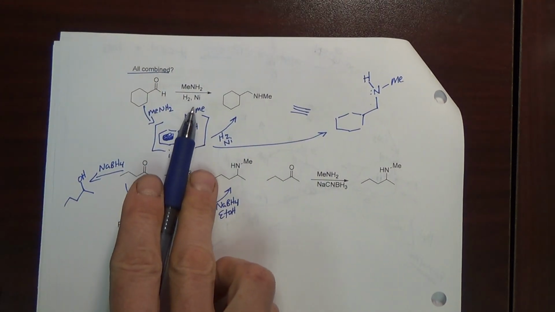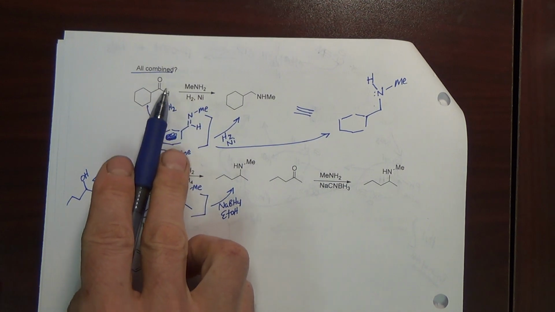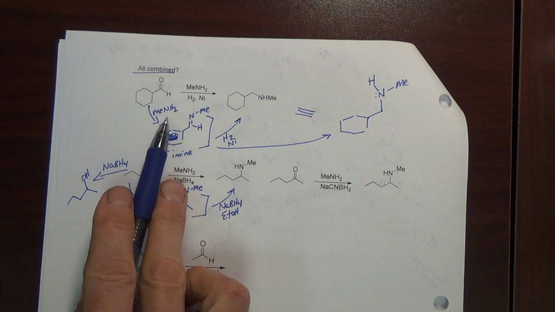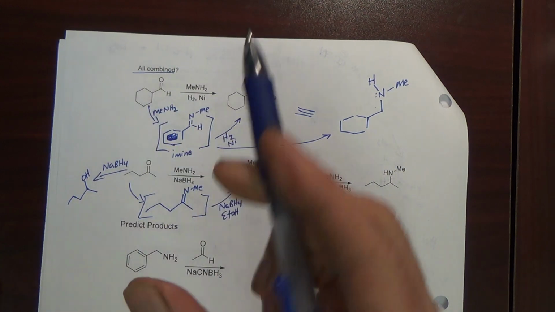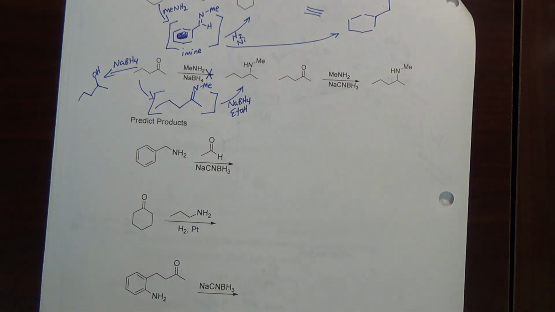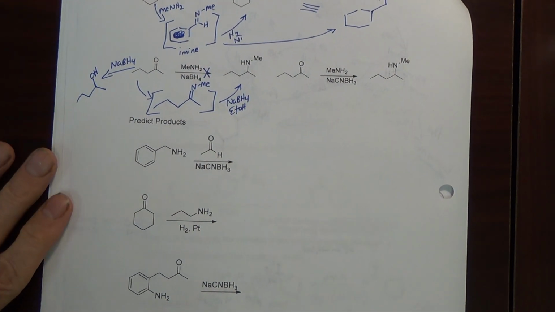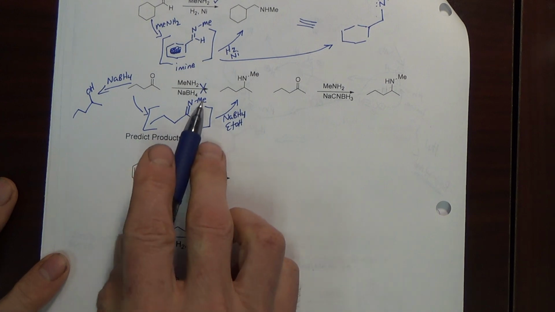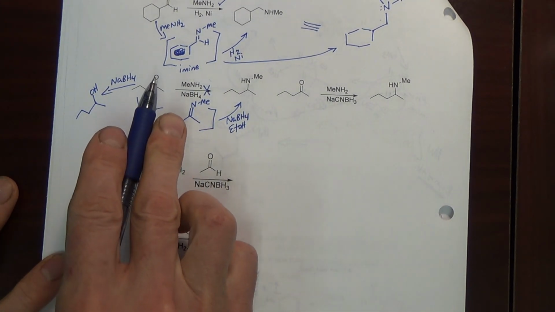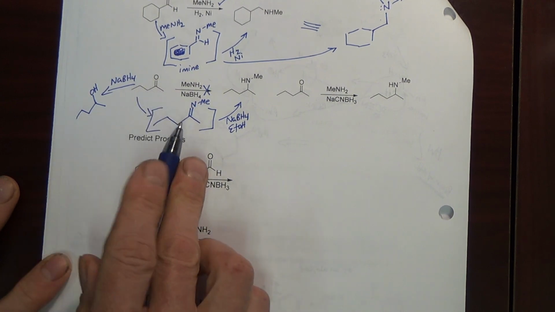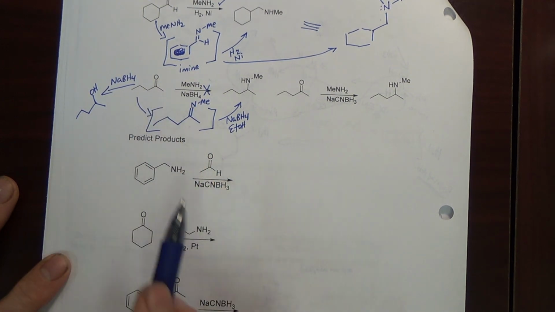Now up here, hydrogenation typically will not reduce an aldehyde or ketone unless it's benzylic. So that'll work, but this will not. It has nothing to do with me changing the aldehyde or ketone. It doesn't work because the sodium borohydride will reduce the carbonyl compound.